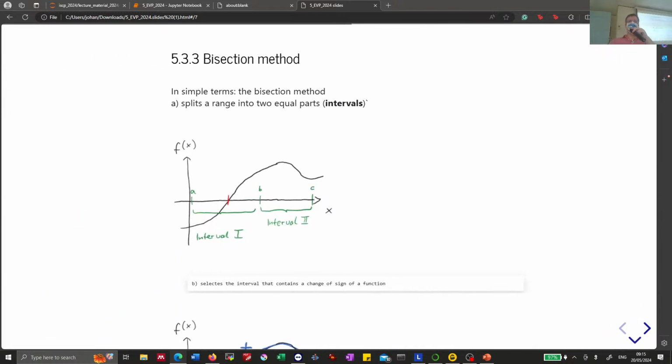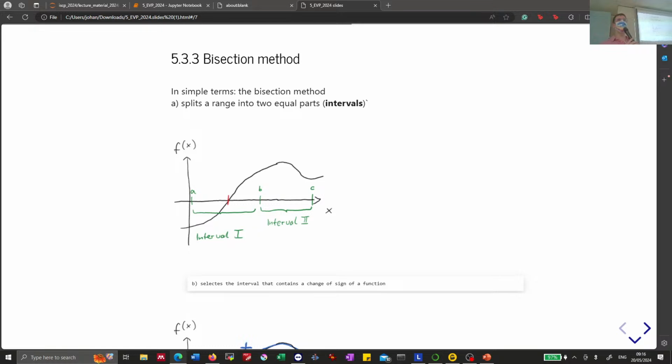So then we discussed the bisection method. Do you remember the bisection method? So it means we take a function where we define a start and stop search interval. We divide this in two. We're looking for a change of sign. And if we find a change of sign, we take this interval as a new start and stop interval.